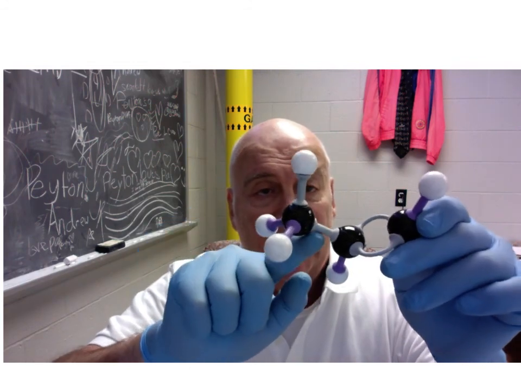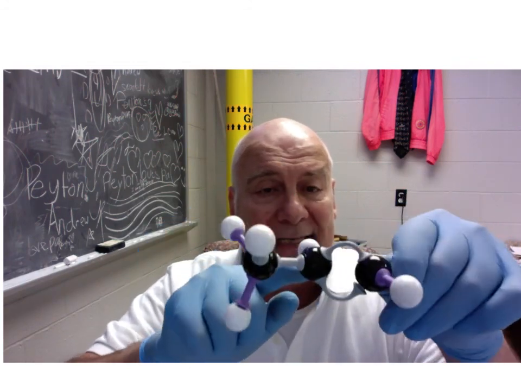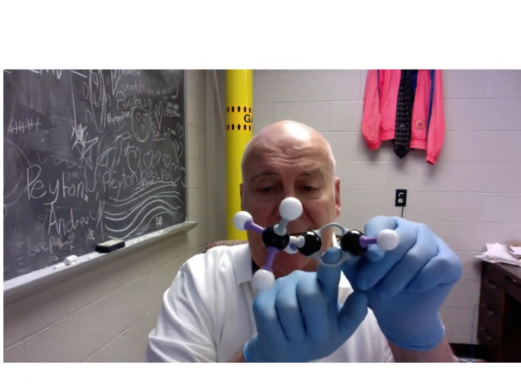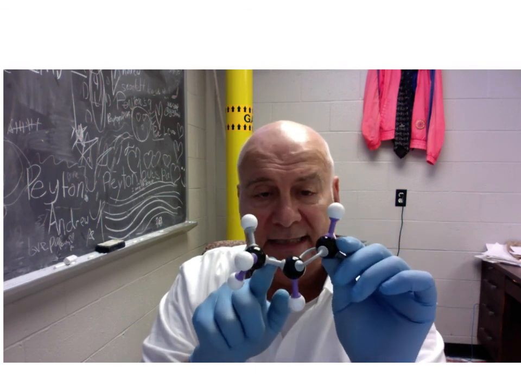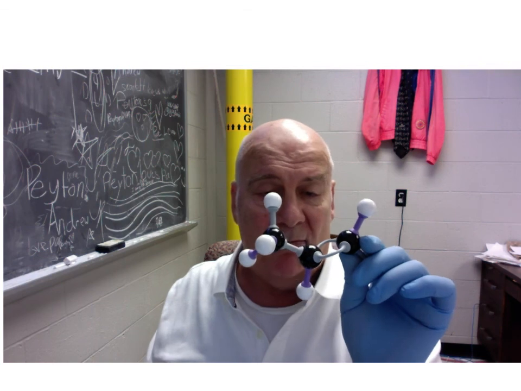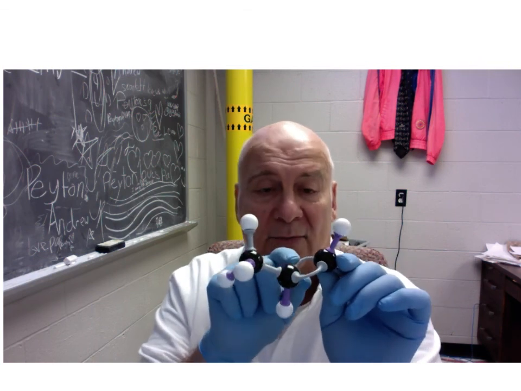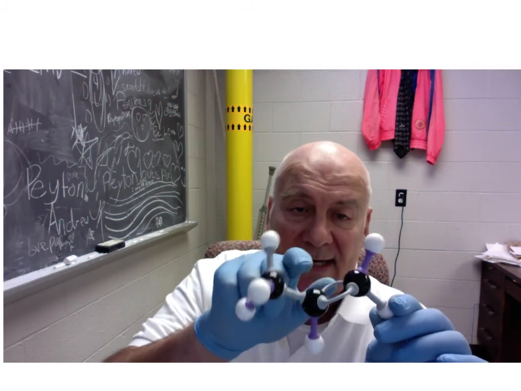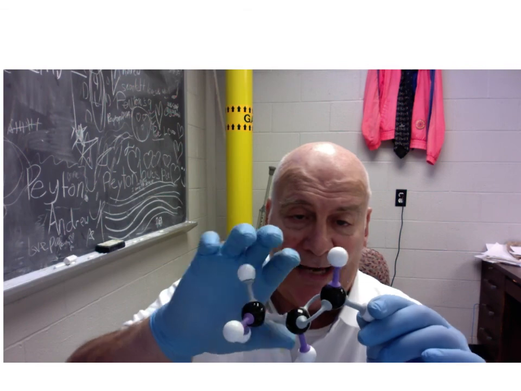Around this carbon, there's 3 attached bonds. There's a hydrogen bonded at the bottom. There's a double bonded C here, and there's a single bonded C here. And remember, these 2 single bonds and 1 double bond do not make differences to the repulsion in the VSEPR theory. So these are all 120-degree angles.